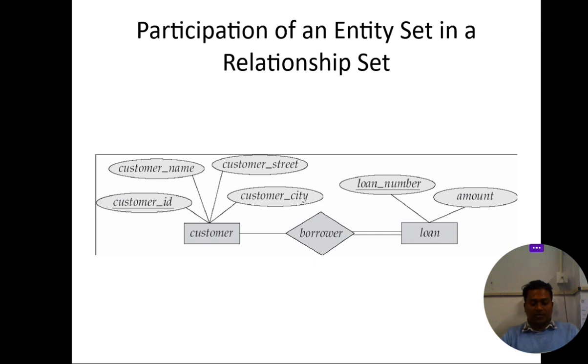Some entities may not participate in any relationship in the relationship set. Example, participation of customer in borrower is partial. So here the representation has customer name, customer ID, customer street, customer city. So customer is associated with the borrower and the loan. So there are loan number and amount. So here the primary keys are loan number and customer ID.